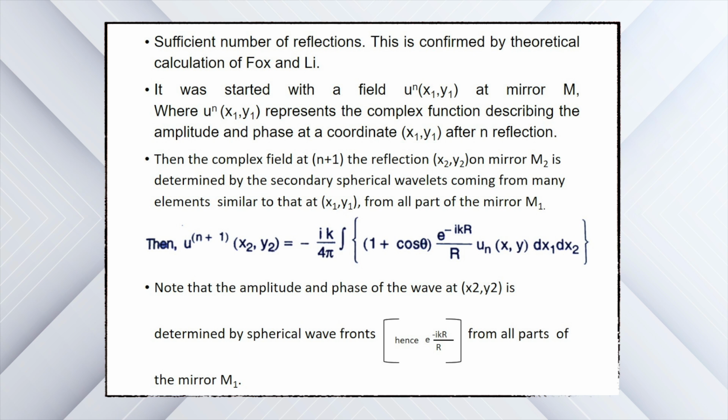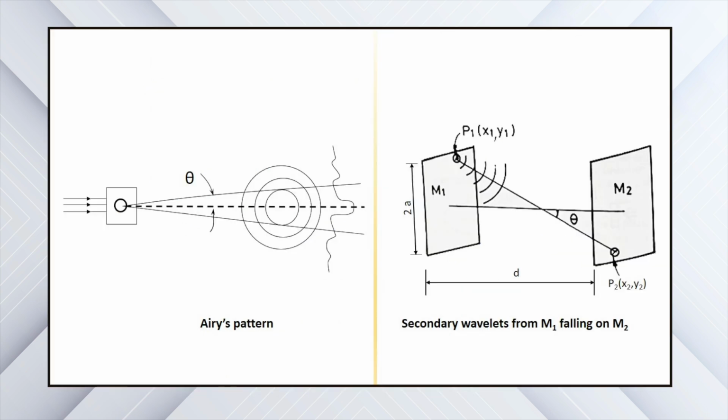Then if we start with P1 representing the amplitude of the wave at x1, y1 at some arbitrary point, and P2 is another point on M2, another point of the mirror at a certain angle theta at a distance d. The question is, are they correlated?